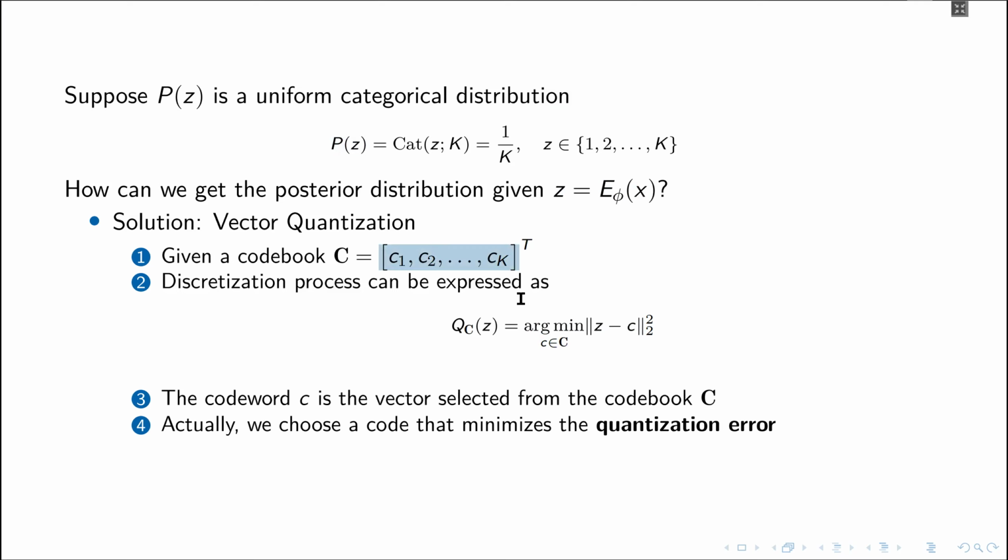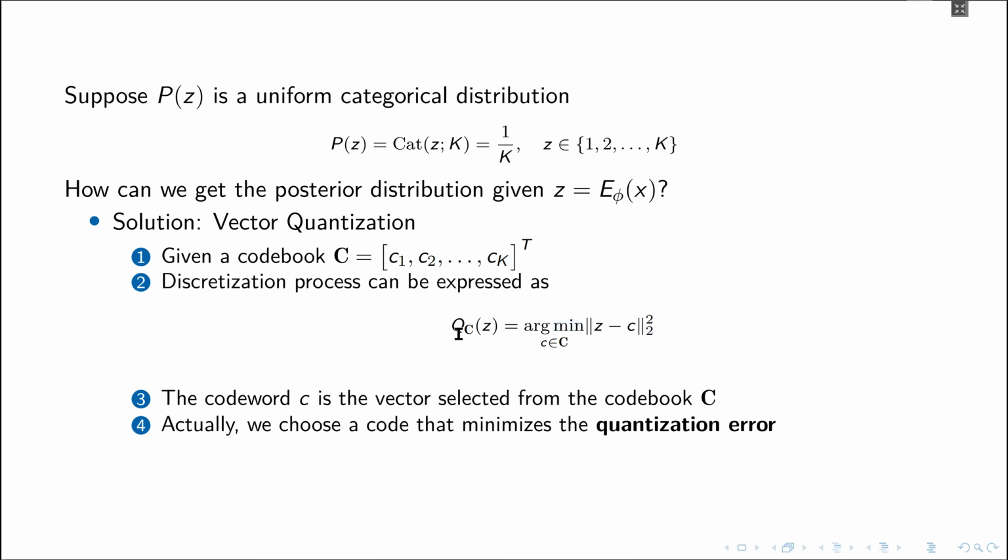It is categorical, it is discrete. This is also the same dimension as Z.